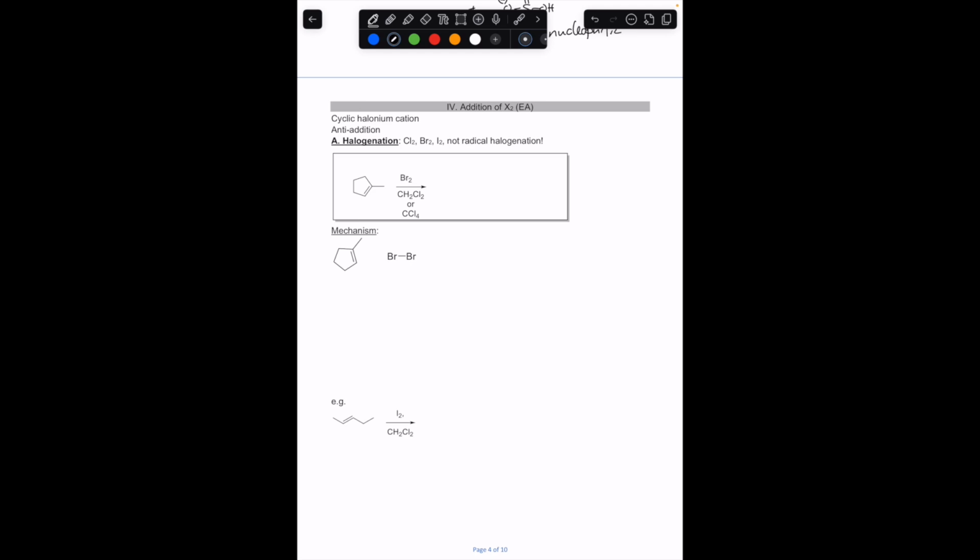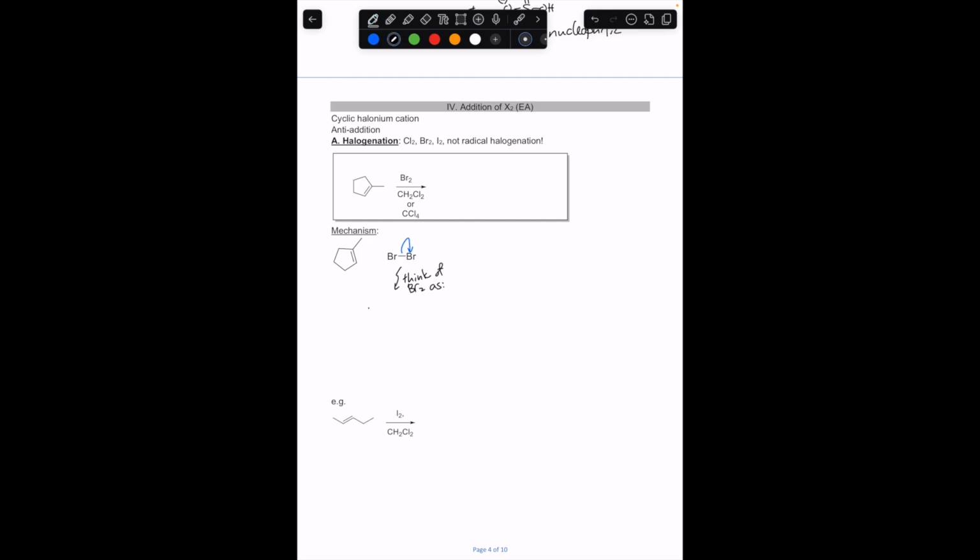So this works with chlorine, bromine, or iodine, halogen diatomic molecules. Those are elemental molecules, single element molecules, but they're diatomic. And you could think of this as perhaps like an equilibrium thing where the bromine breaks apart heterolytically.